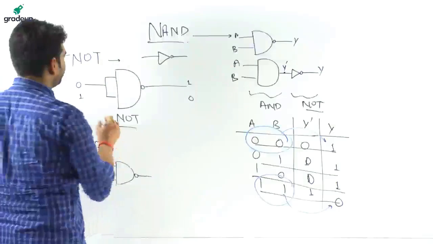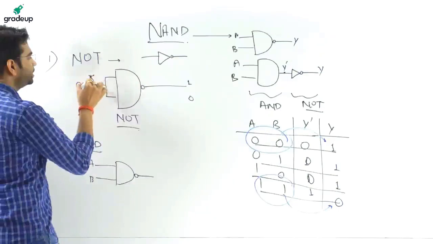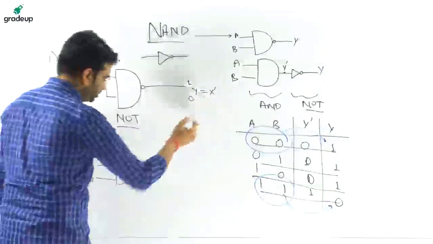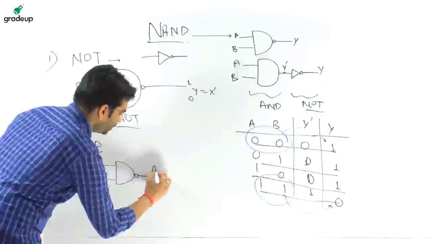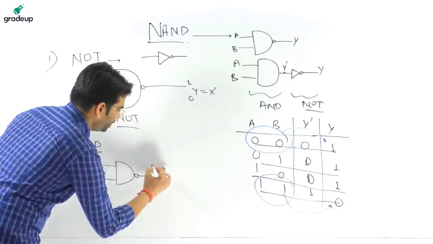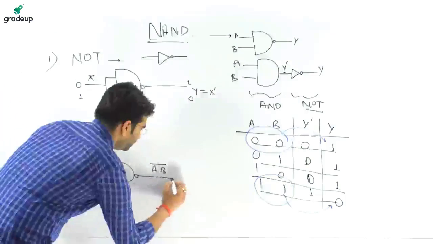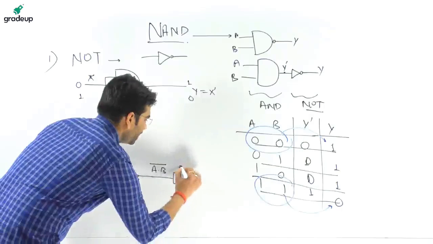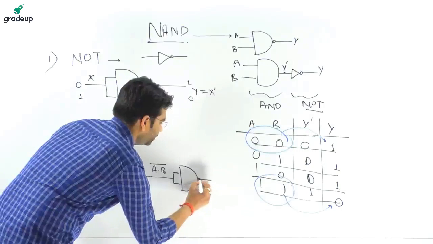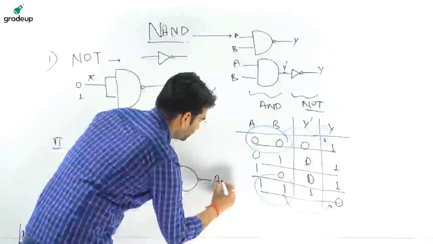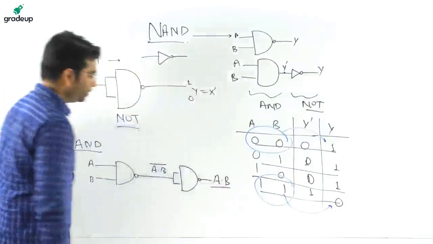What will be the expression of it? Suppose it is x, then y is equal to x bar, x dash. Here it is AB. So the expression we will be getting is (A dot B) bar. We have got this NAND function. Again, if we invert it, we will get the AND operation A dot B, okay?